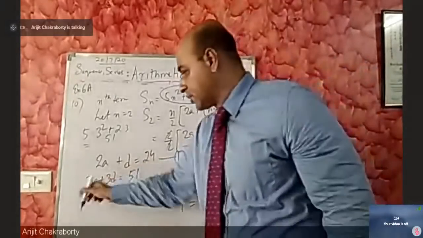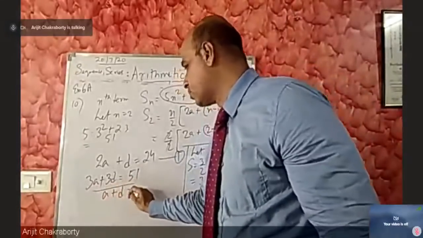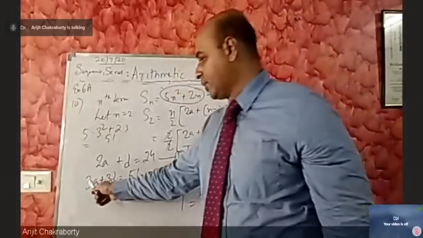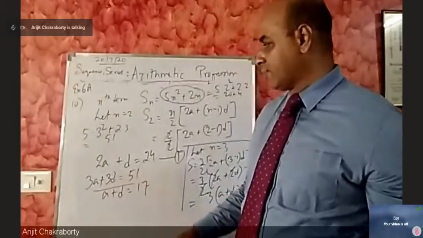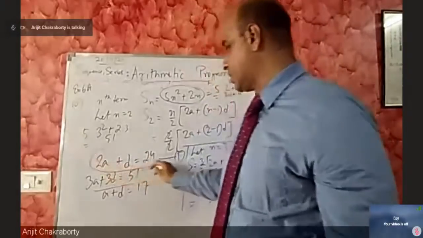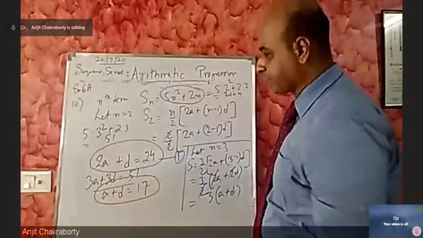If you divide this equation by 3, you get a plus d equal to 17. So 3 and 51 means 17 into 3. So now you have the equation 2a plus d equal to 24 and a plus d equal to 17.